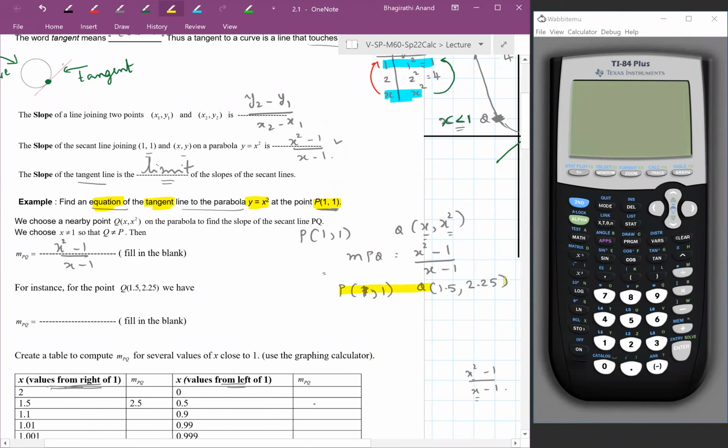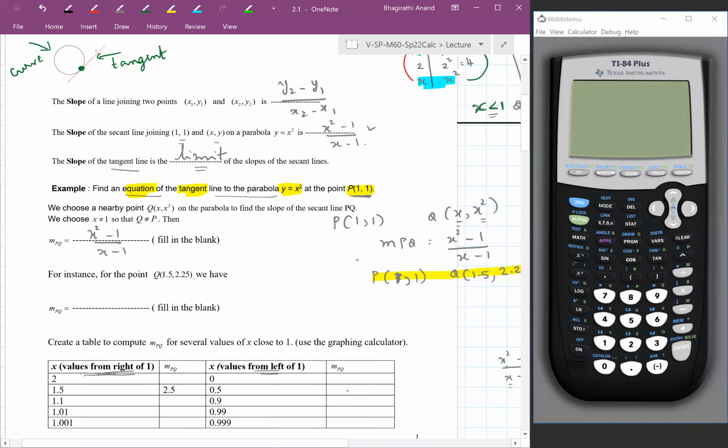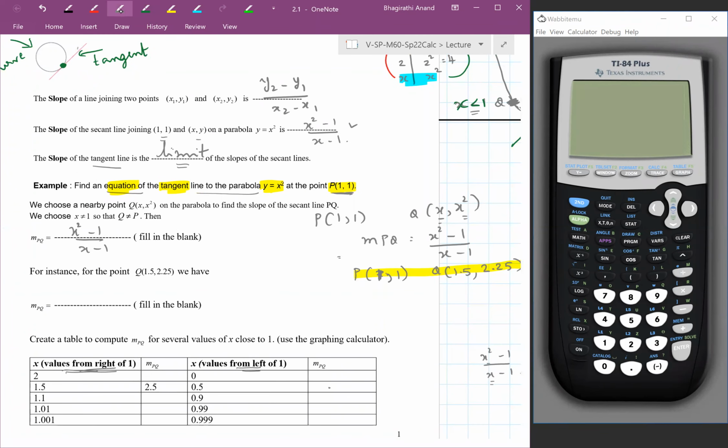Now for these two points P and Q, we are going to find the slope, which is the difference in y over the corresponding difference in x. So that will be 2.25 minus 1 over 1.5 minus 1.